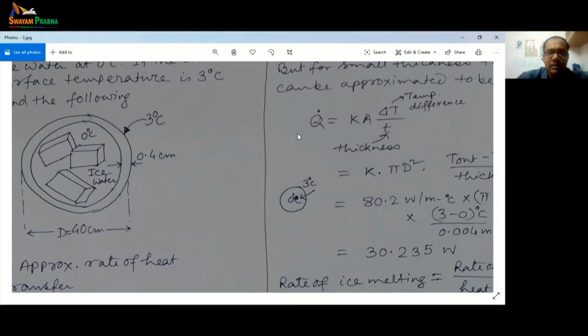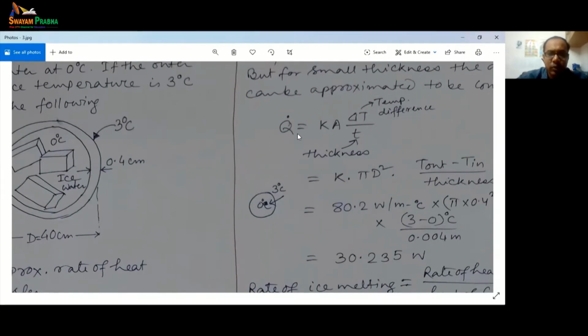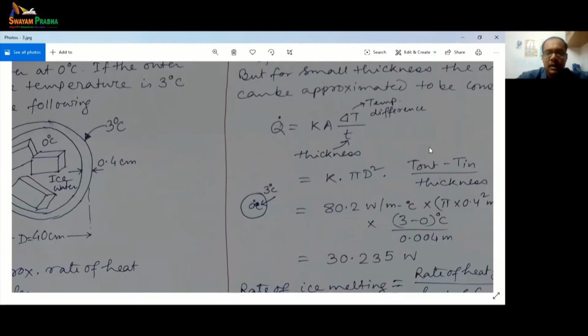When you learn conduction in more detail, you will see that change of area perpendicular to the direction of heat transfer causes a lot of issues, and for an accurate analysis you have to consider the spherical coordinate system differential equation. It may be a partial differential equation, or in this case it will be an ordinary differential equation.